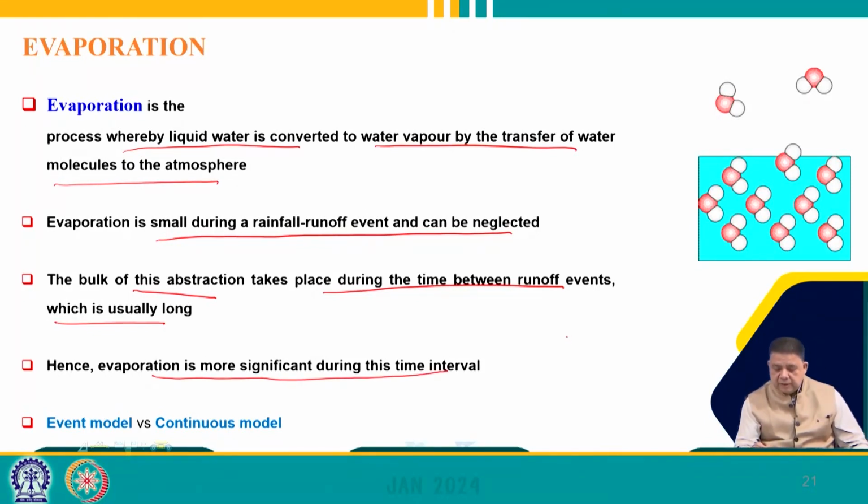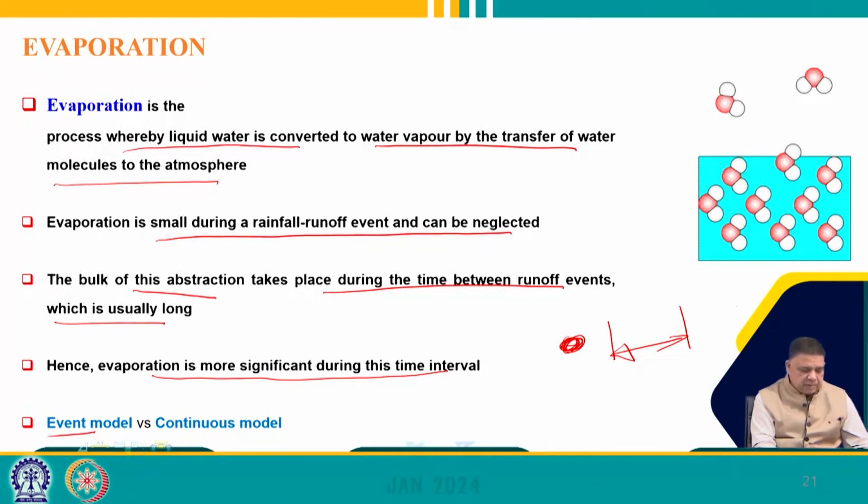So, basically when the rainfall is occurring, because the air will be saturated, there is very little evaporation taking place, but between two rainfall events this evaporation loss will be very high and it becomes significant.